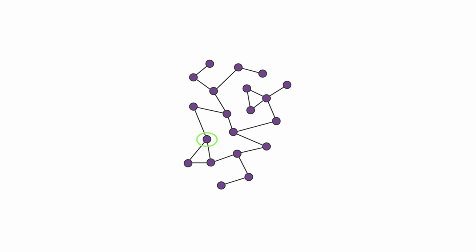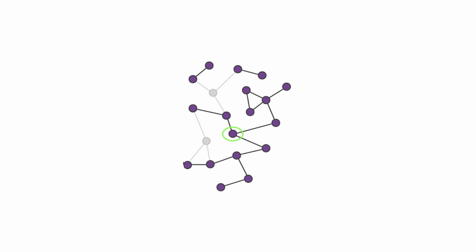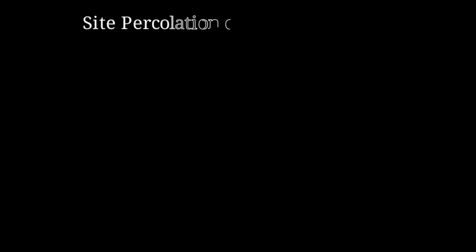Mathematically, we describe this with the order parameter P_infinity, which measures the size of the largest connected cluster. When p is less than p_c, most nodes are still part of one giant component, but when p is greater than p_c, that component collapses. This transition from connected to fragmented is called a percolation transition, and it mirrors how robustness breaks down in real-world systems.